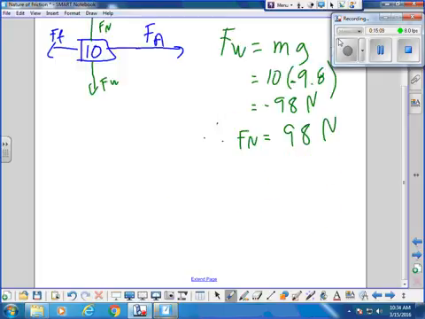Okay. I can't get my net force until I get my friction force. So what am I going to do? Mu equals FF over Fn, because I now have my Fn, and I know my mu value, 0.25.